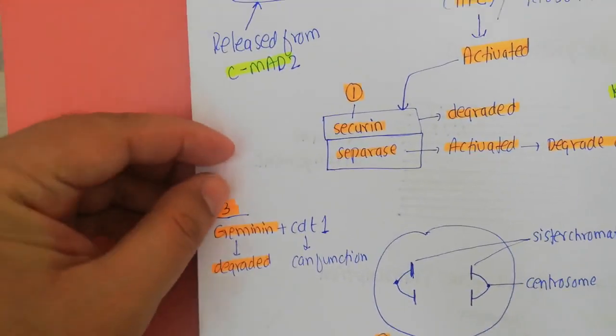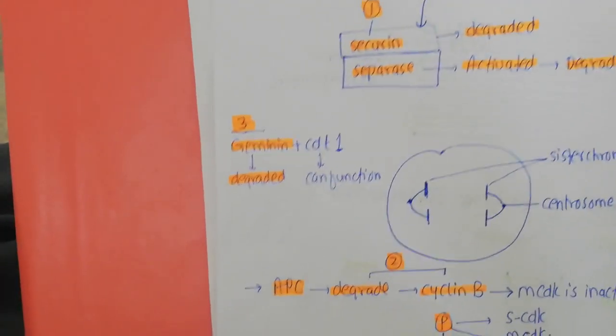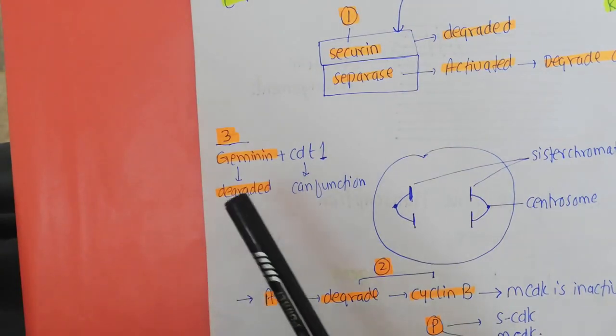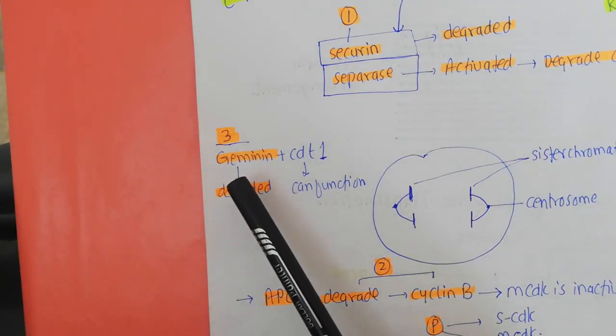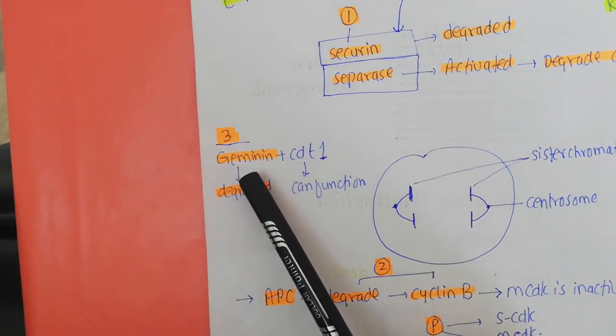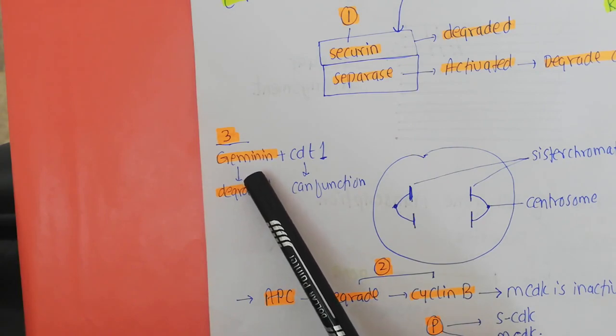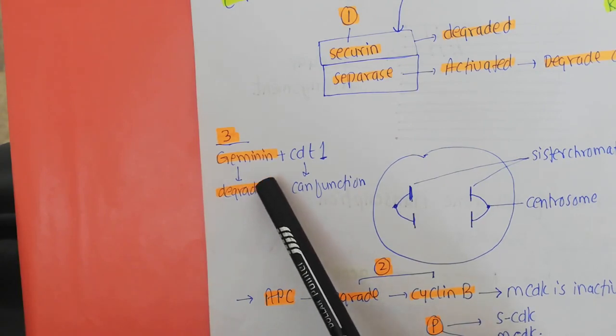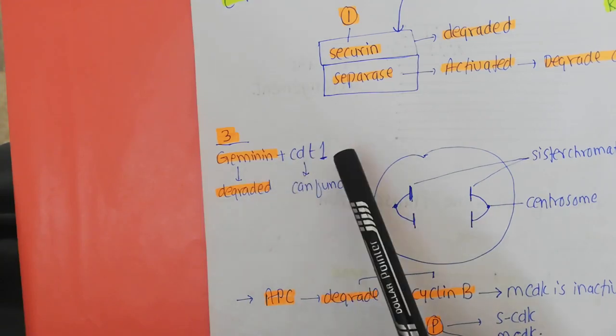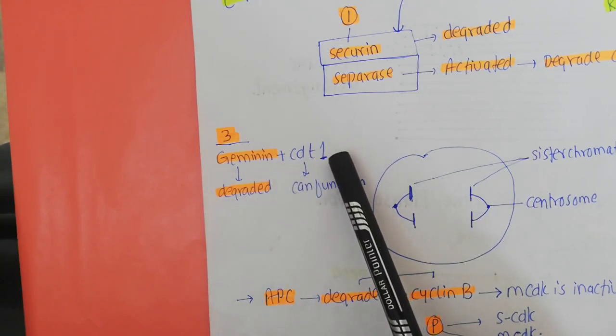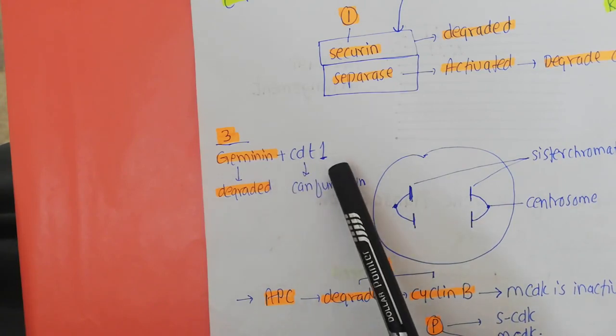Another important thing the Anaphase Promoting Complex is doing is the degradation of the geminin protein. If you remember, I've told you that the SCDK is going for the phosphorylation of the origin recognition complex and also for the degradation of CDC6. CDC6 was degraded by the ubiquitin proteasome system.